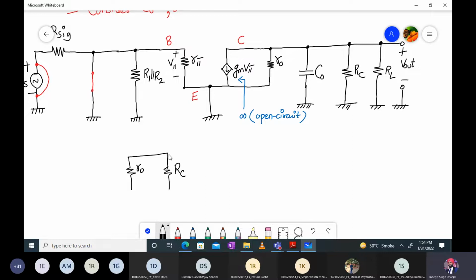This is RC, and then I have a capacitor, then I have RL. This is CO, right? Okay. So this is the circuit now. Do you have the output over here? Because this part is gone. This is open circuited, right? So the left hand side is gone. This is my V out.